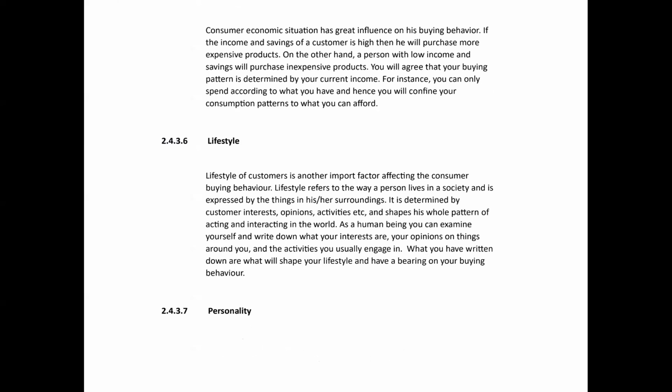So the lifestyle of customers is another important factor affecting consumer buying behavior. The lifestyle refers to the way a person lives in a society and is expressed by the things in his or her surrounding. Usually it is determined by the interests, opinions, and activities of people.